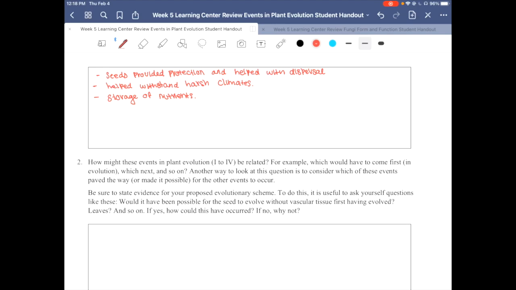Having this food storage available allowed the embryo to grow and develop more, even though it's not out in the world and hasn't germinated yet. And upon germinating, the food storage in the seed continues to help the roots develop until the plant breaks through the soil and is capable of photosynthesis. So until the plant can do photosynthesis on its own, the food in the seed is going to help with that.